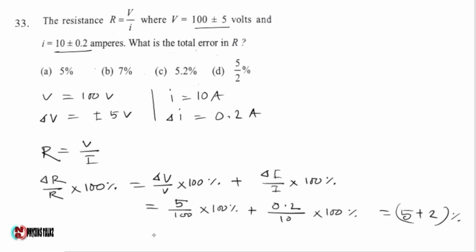So the error in resistance is 7%. The correct option is option B.